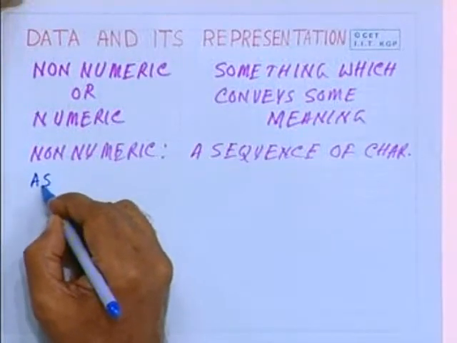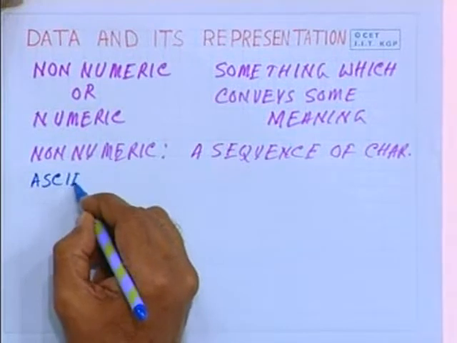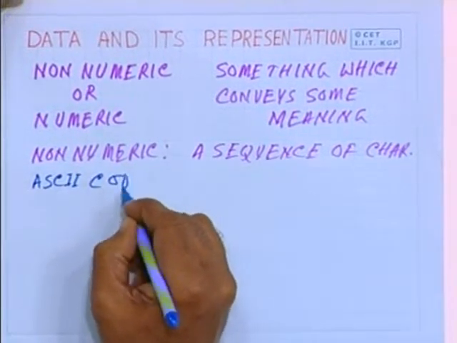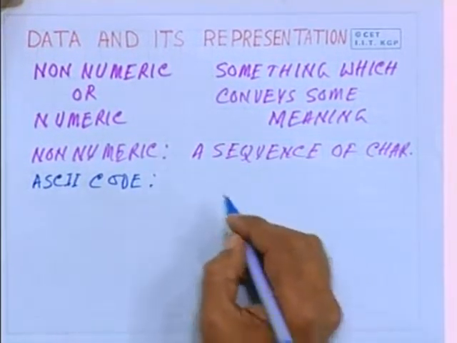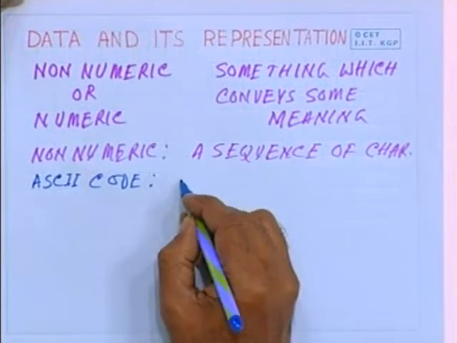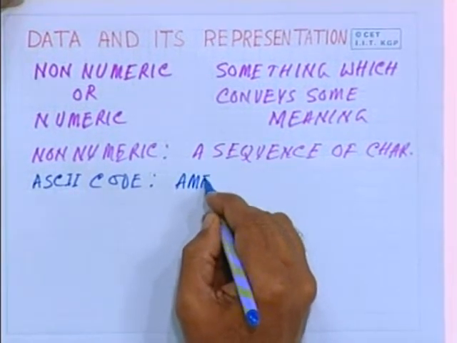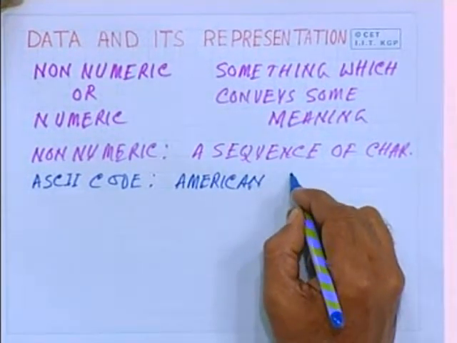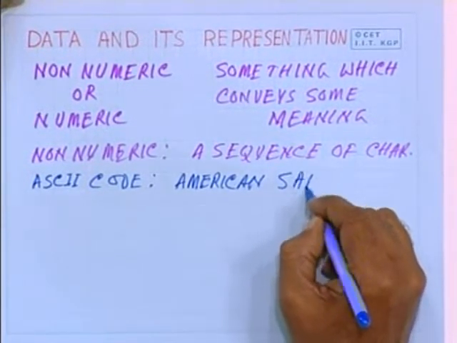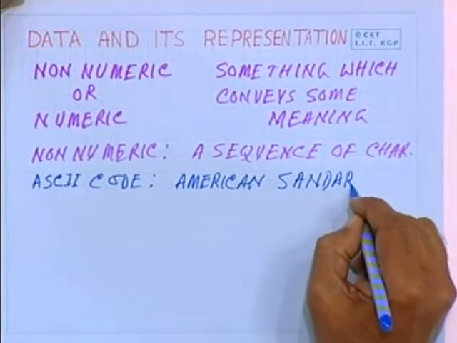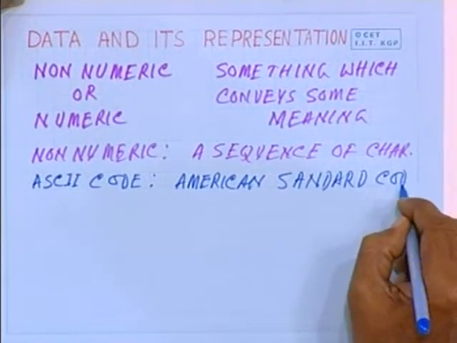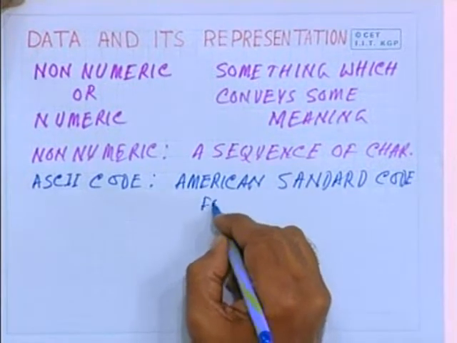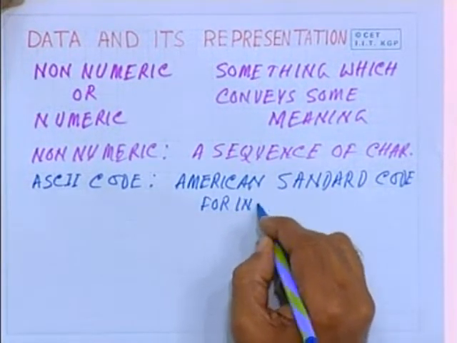Usually inside a computer we use a popular code known as ASCII code. ASCII stands for American Standard Code for Information Interchange.